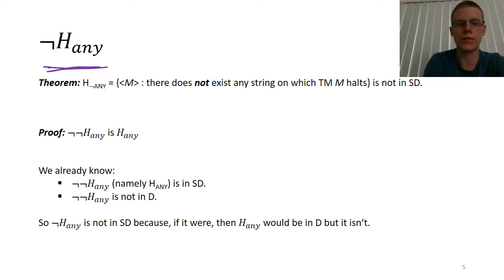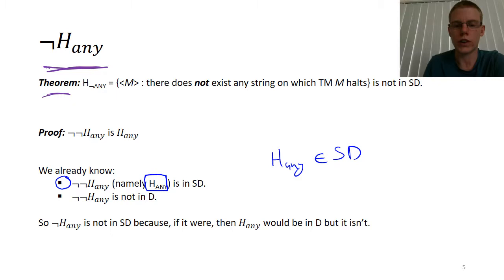So that's our theorem. Our proof is that we know that the complement of this particular language, which was our original language H of any, is semi-decidable. So we know H of any is in SD, but we also know that H of any is not in D. So we can say this.